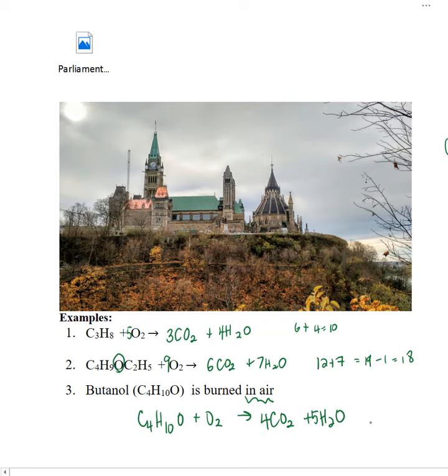I have a total of 8 plus 5 on this side, which gives me 13. I have 1 oxygen in that compound, so therefore I need 12 from my O2, so I'm going to have a 6 there. And that concludes this video on combustion.